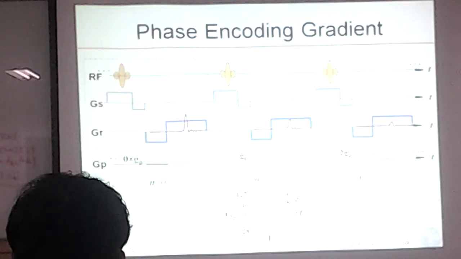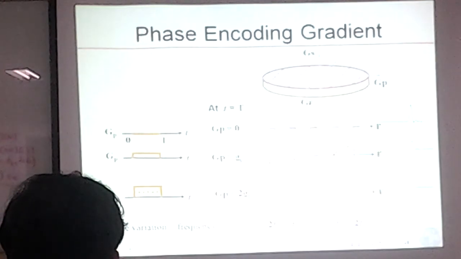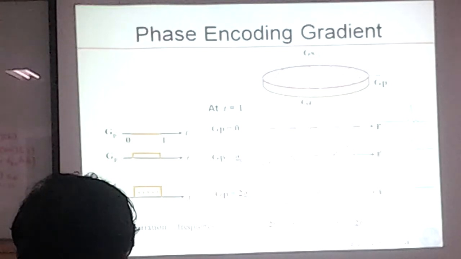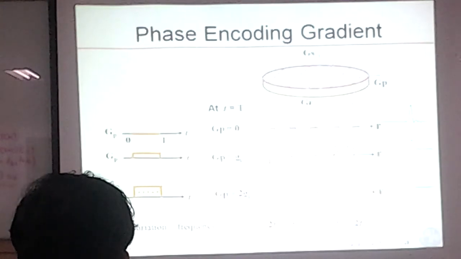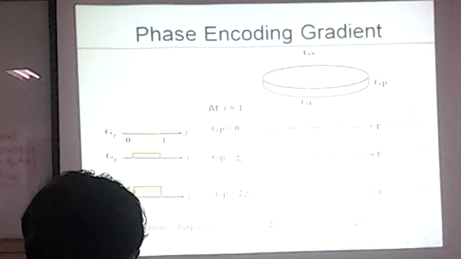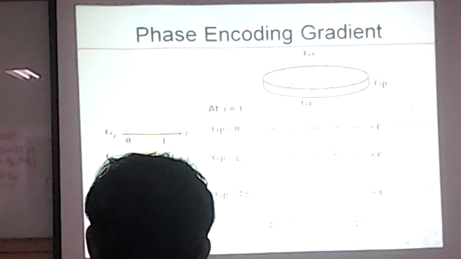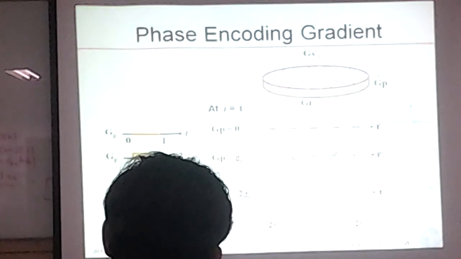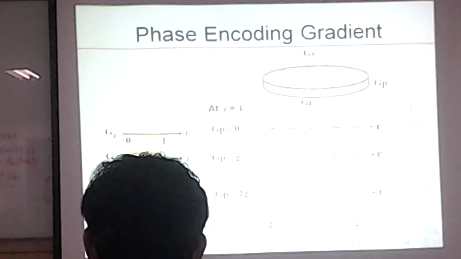Because by applying the phase encoding gradient, one half of the spins have a positive phase, but the others have a negative. So even though the polarity of the gradient is opposite, we cannot say that the signal polarity is opposite. So it is very difficult, a complex problem.